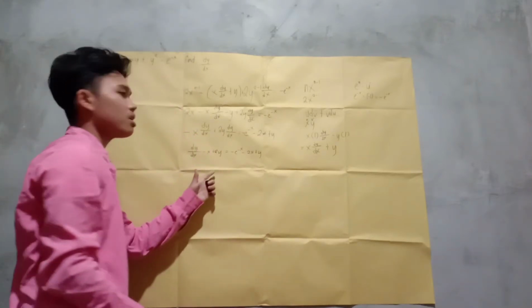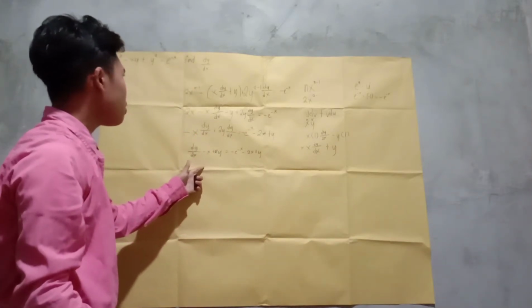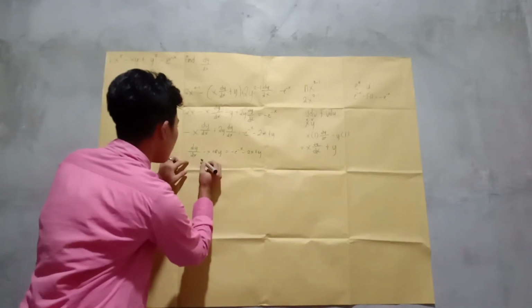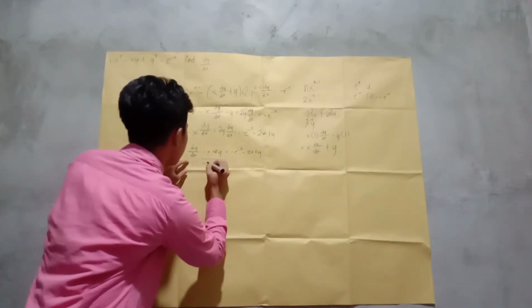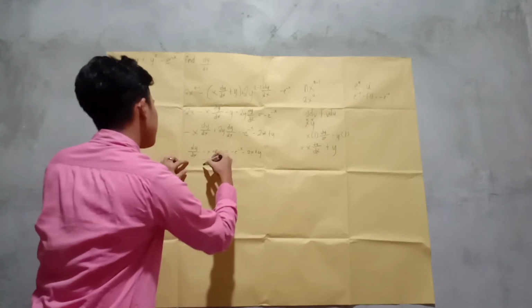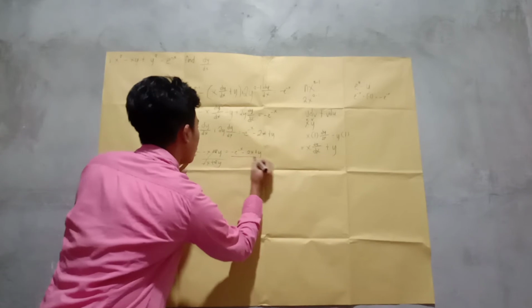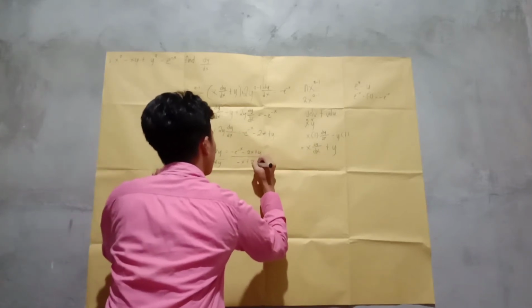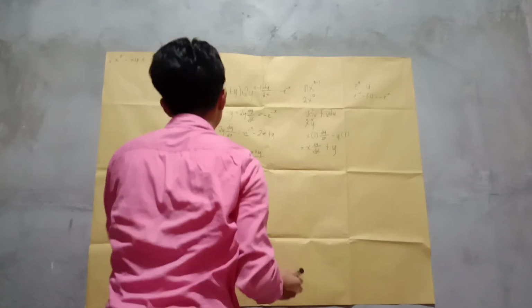Since we are finding dy over dx, we need to divide both sides by negative x plus 2y so that we can cancel it out.